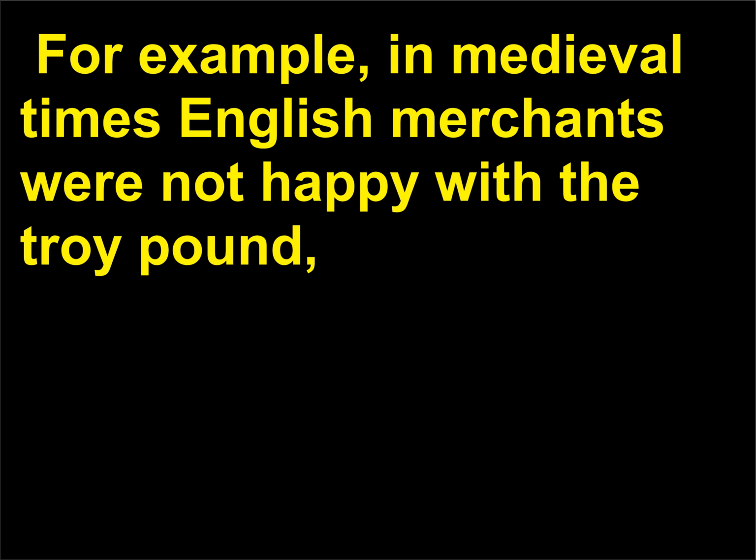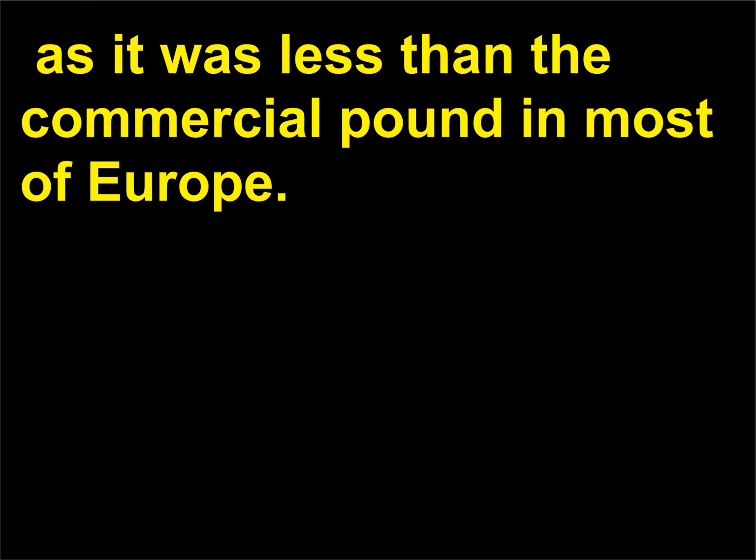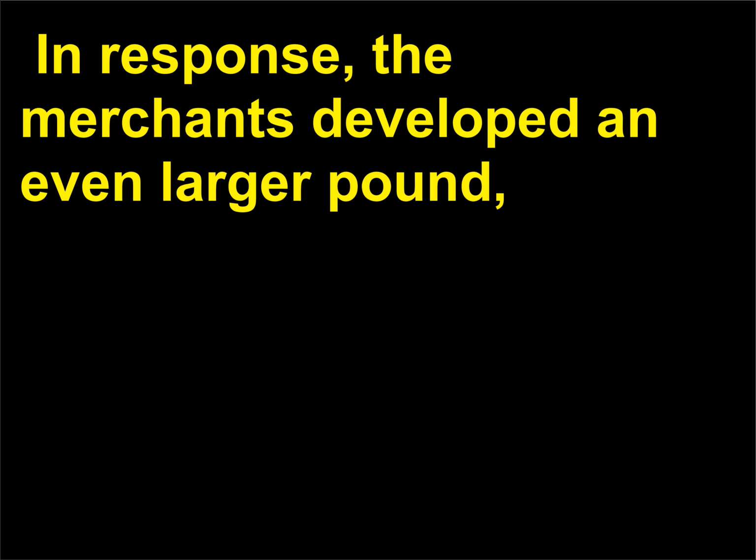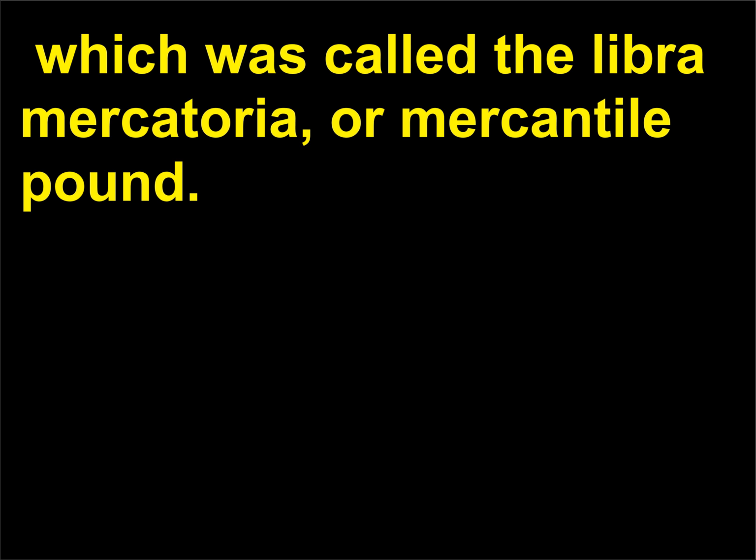For example, in medieval times English merchants were not happy with the troy pound, as it was less than the commercial pound in most of Europe. In response, the merchants developed an even larger pound, which was called the libra mercatoria, or mercantile pound.